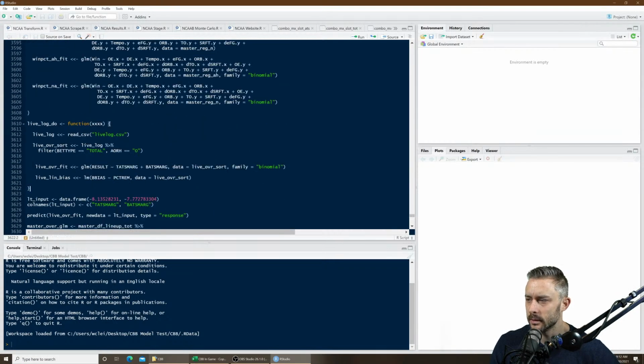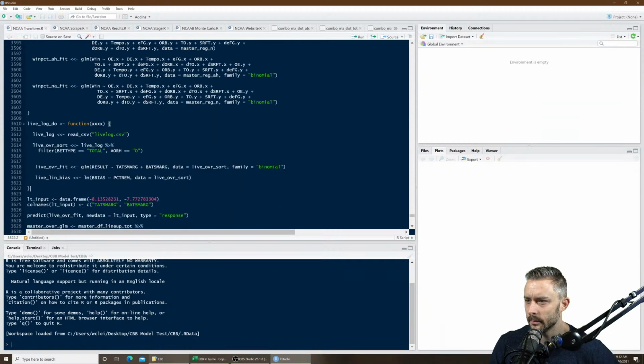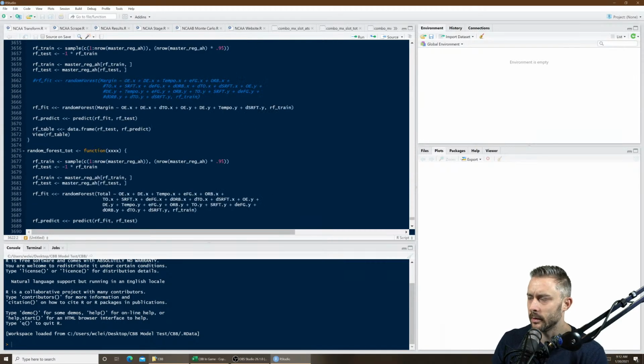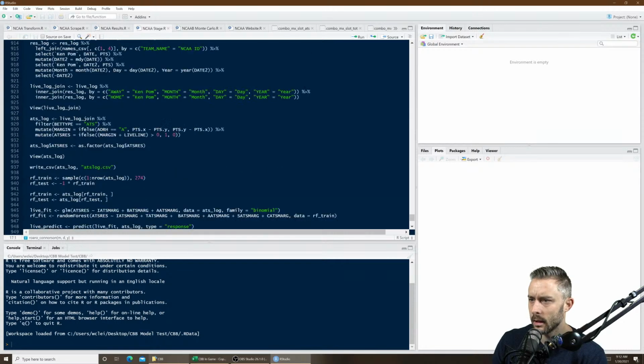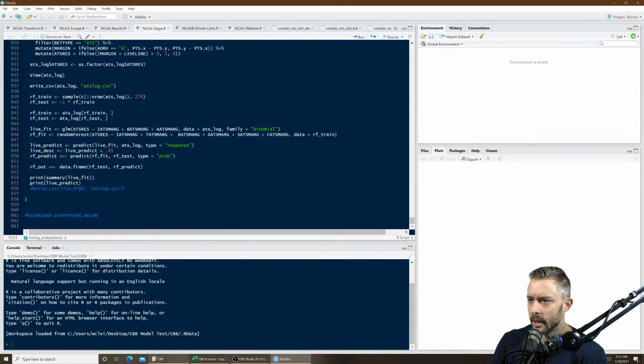Live log, is that it? I had a function where I was merging. This might be it right here. Live log analyze. So, yeah, I also did a random forest and a logistic regression.